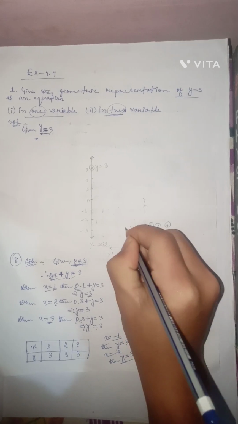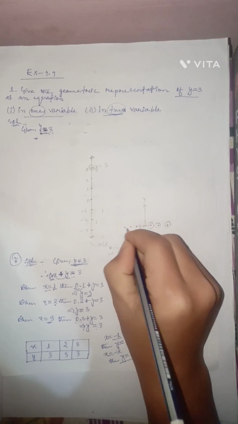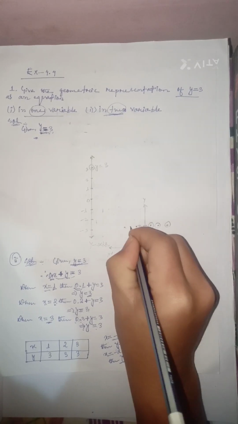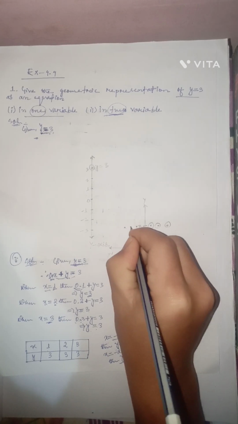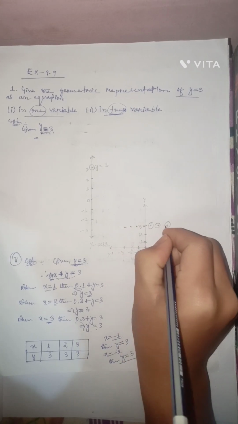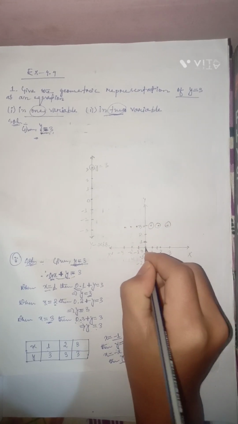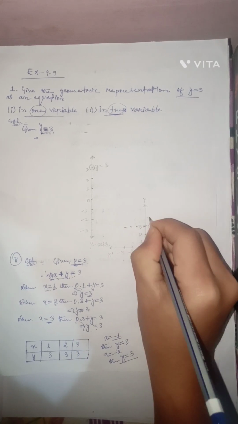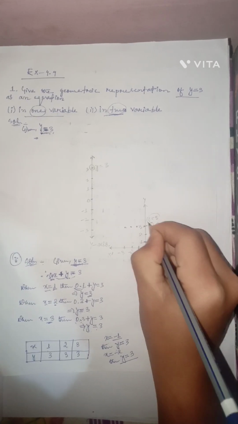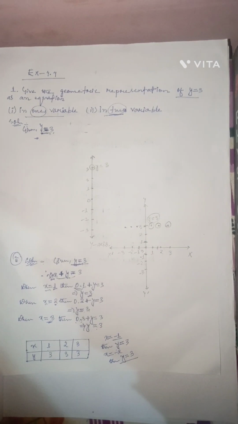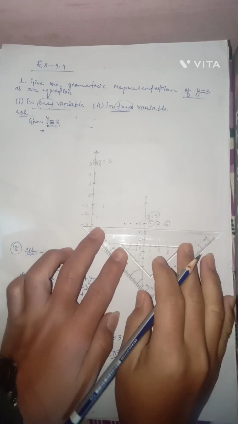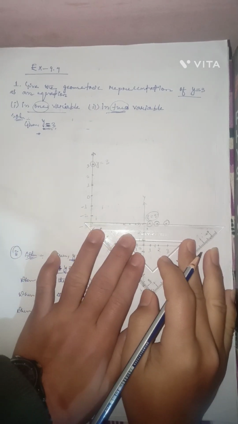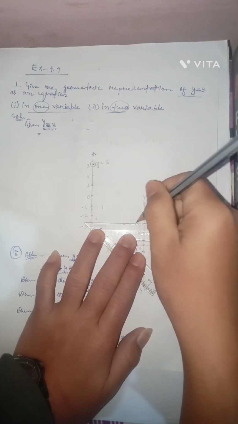Means even in these directions, whenever the value of x is -1, then the value of y should be here, and even in that, it should be here, right? Just because of that, all the points are in one line. So after we join these points, we get a straight line which is parallel to the x-axis, right? And we'll represent this as y is equal to 3.